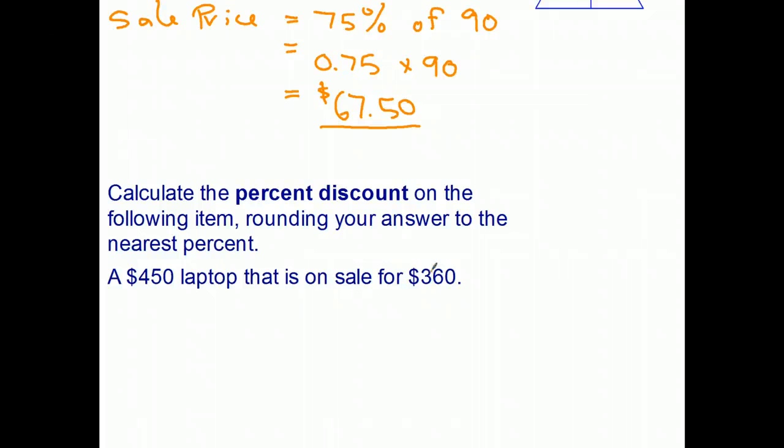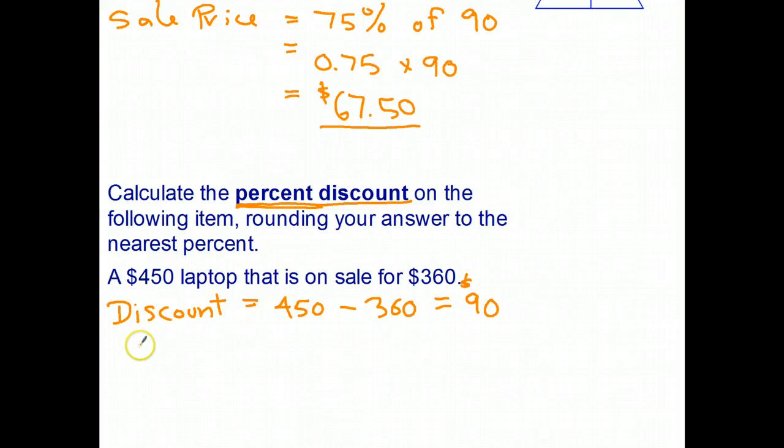If I'm trying to find the percent discount, then the first thing I have to find is what the actual discount is. So it did cost $450. It sold for $360. 450 take away 360 is 90. So the laptop is discounted by $90.